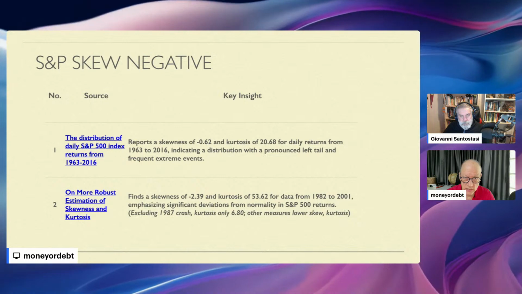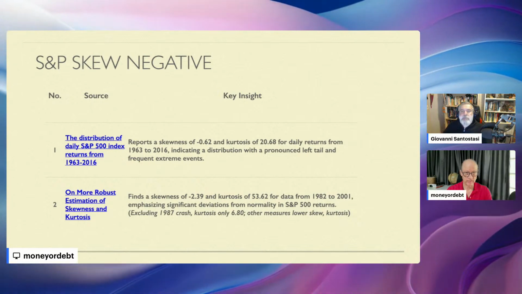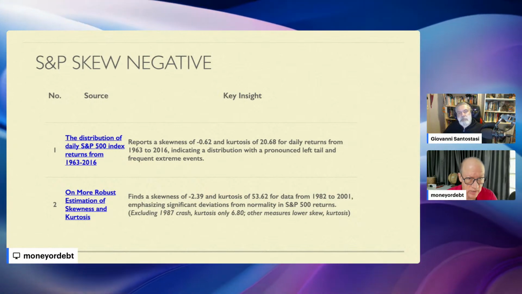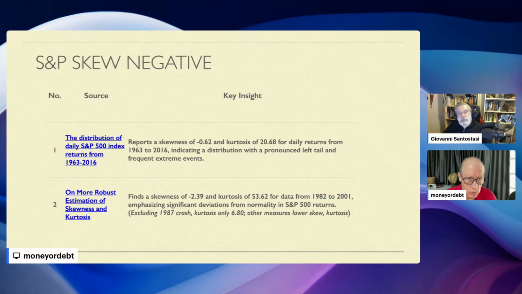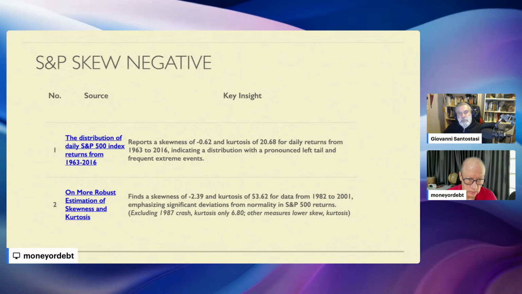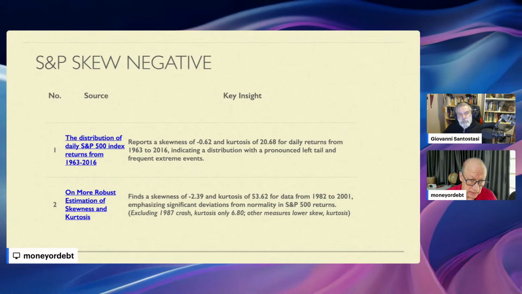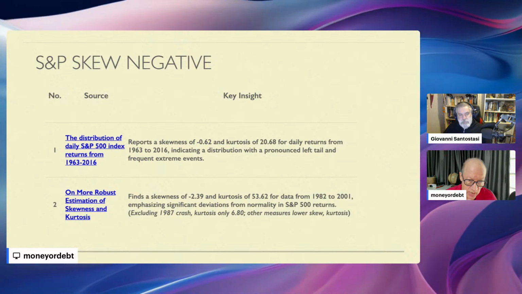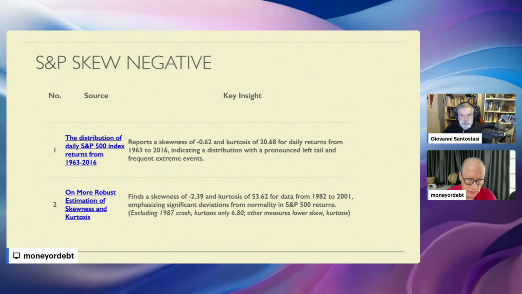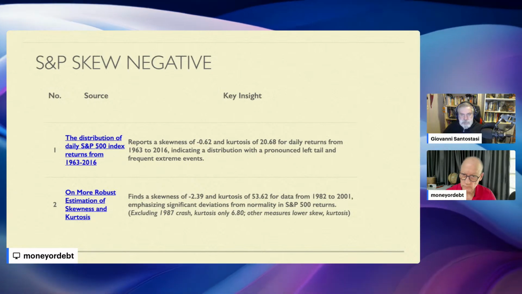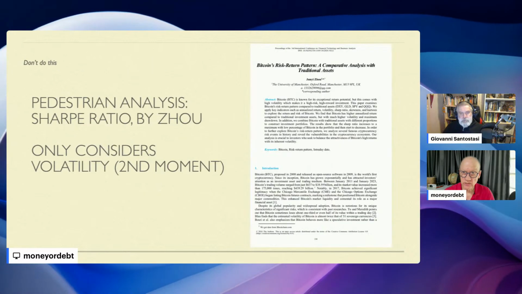In the first case, minus 0.6. In the second case, minus 2.4. And they both find rather high kurtosis. In the first case, 21 for daily returns and 54 for the data in that 20-year period. However, if you exclude that 1987 crash, the kurtosis is much smaller. It's 6.8. So that's the traditional stuff.